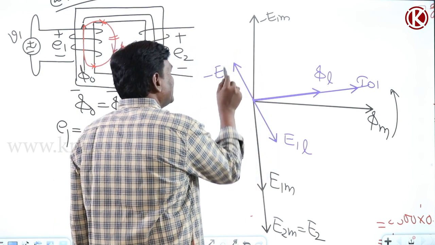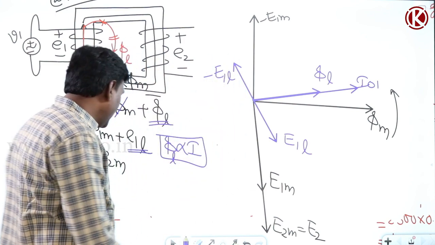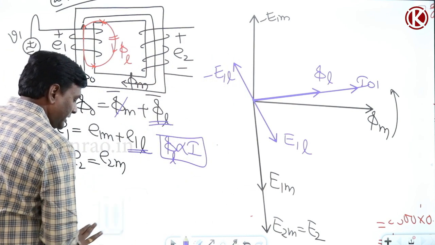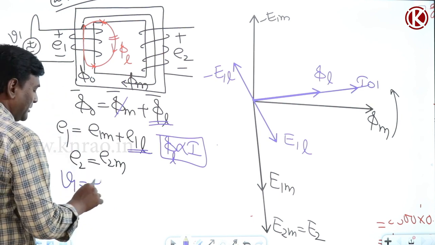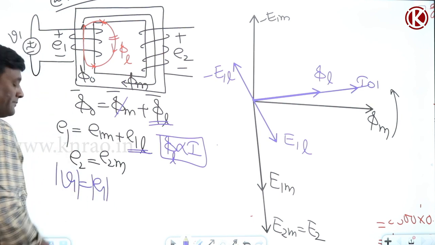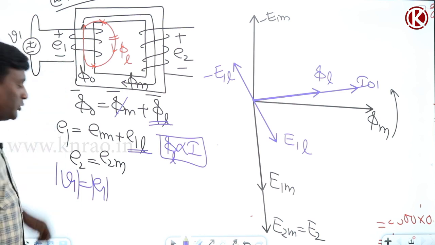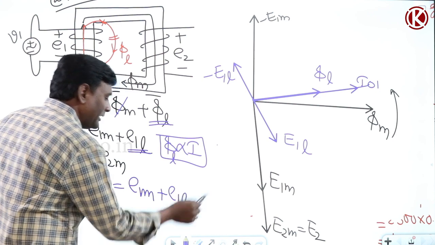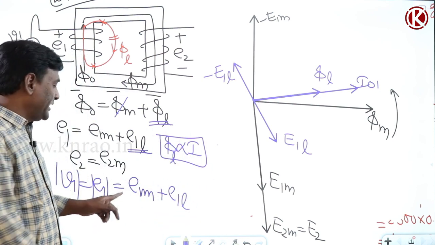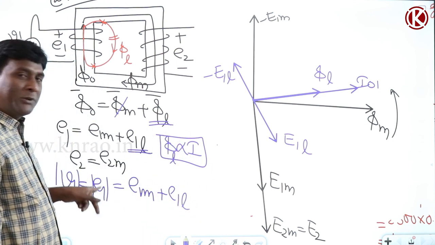This is minus E1L. Okay, now if I write the equation, what is V1? It is nothing but magnitude of E1. V1 equal to magnitude of E1 is nothing but E1M plus E1L. So E1M plus E1L is going to be total E1.